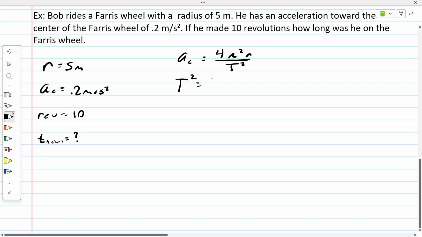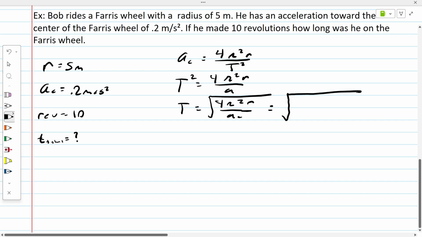If we rearrange this equation and take the square root, we can plug in the values that were given. The radius is 5 and the centripetal acceleration is 0.2. If we solve that out, we get a period equal to 31.42 seconds.